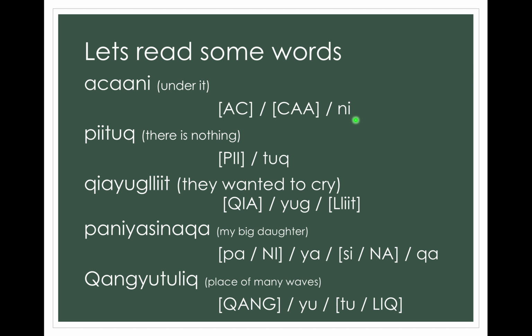Ni is not stressed, and it's at the end of a word, so it doesn't get lengthened either. Looking at pidok, we have a monosyllabic foot pi and a stray syllable dok. Pi is open, and it is stressed, and it is not the end of a word, so it is lengthened. Pidok.